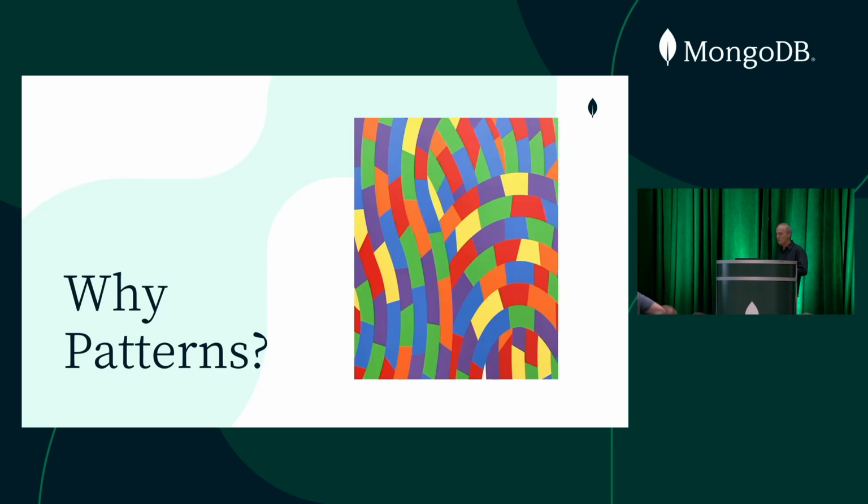So why patterns? Well, it turns out as humans, we can't do without them. At my age, it's a little harder to see everybody very sharply in this room. But there's this kind of squintgram. If you just squint at it, I can tell there are clumps of people.